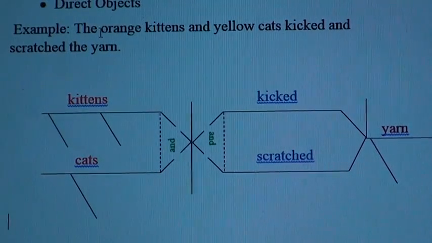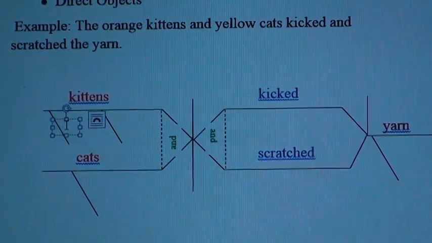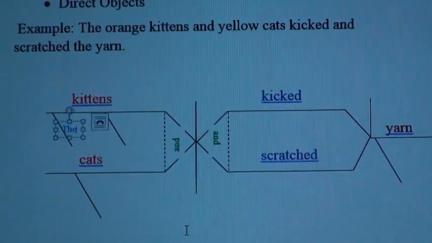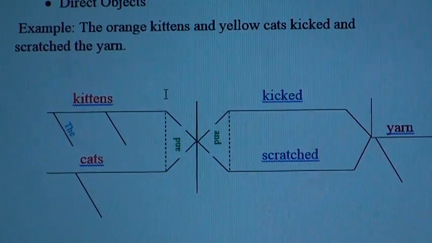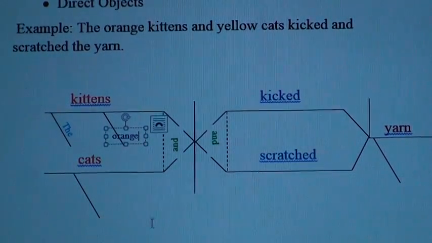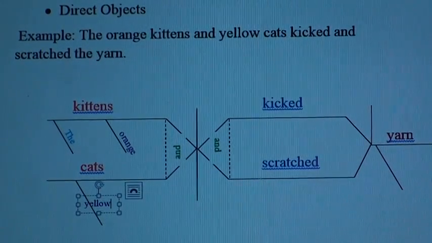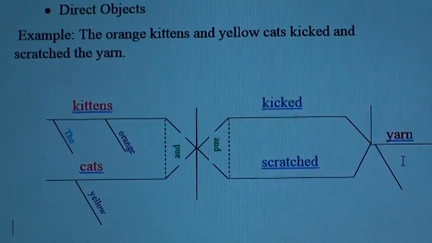Let's start from the beginning. Our first article is the, and it specifies kittens. Orange also modifies kittens by specifying what type it is. Yellow modifies cats by stating what kind of cat, and the specifies yarn.